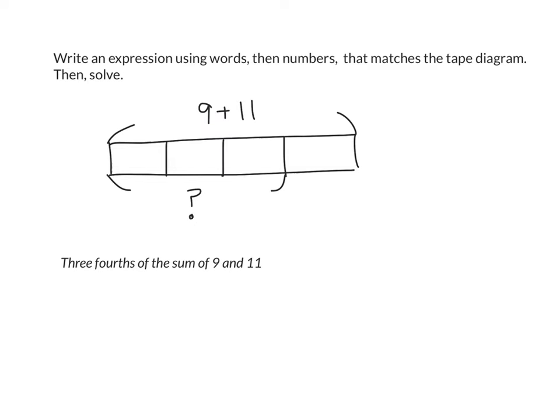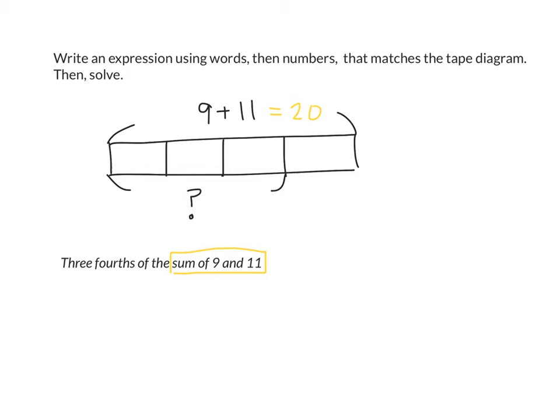I know that you know that 9 plus 11 is equal to 20, but does it say 20 there? It says 9 plus 11. I'm going to show you why. So we know that 9 plus 11 is equal to 20, right? But the reason why we don't write 20 there is because we want to write the sum of 9 and 11.